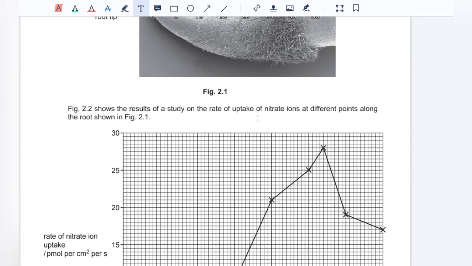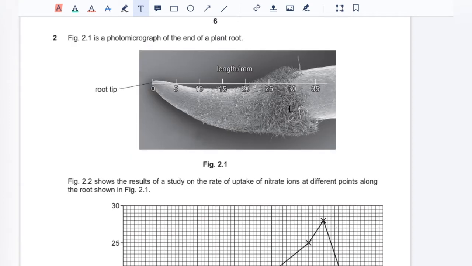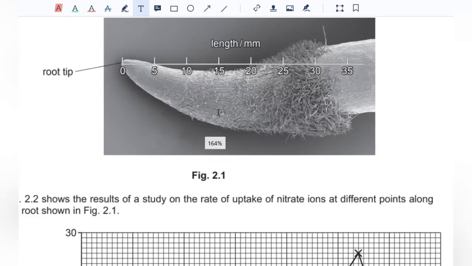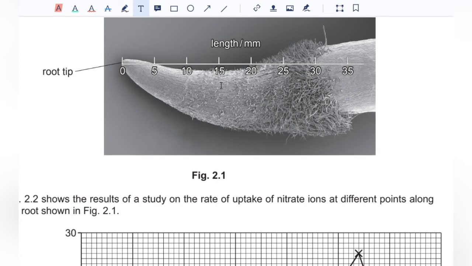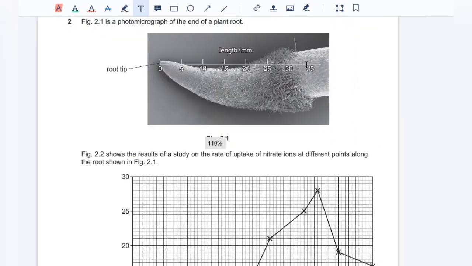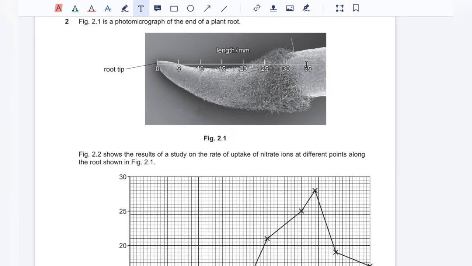So the uptake of nitrate ions, just like other ions from the soil, takes place in the root hair cells, which you can see are present from 10 millimeter lengths, from the length of 10 millimeter up until somewhere around 27 millimeter, and this is represented in the graph.